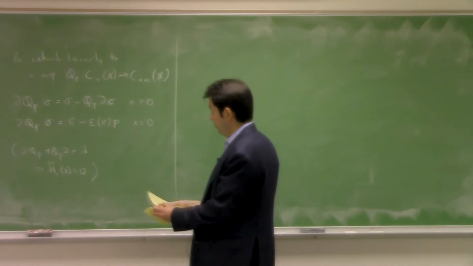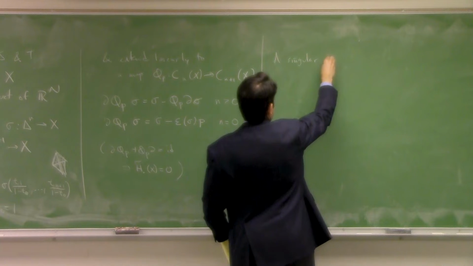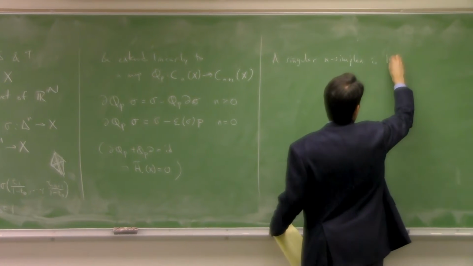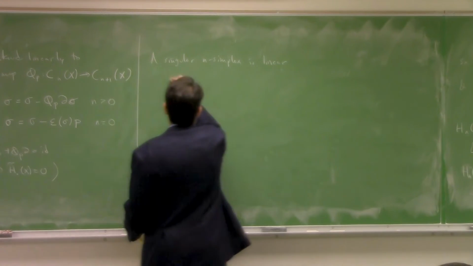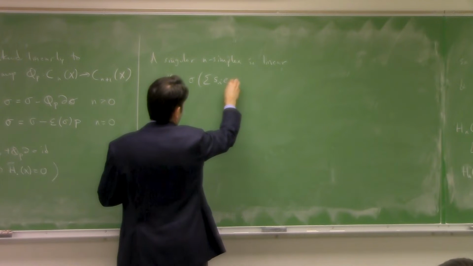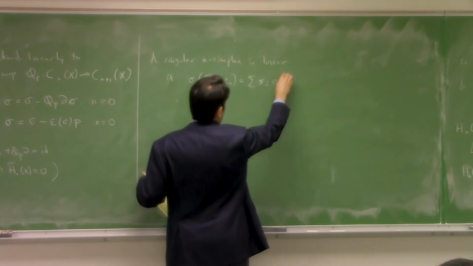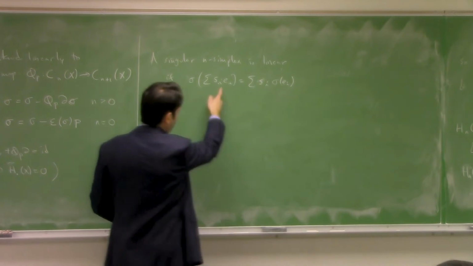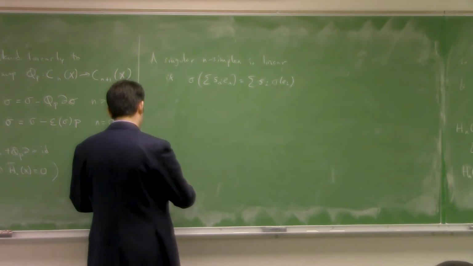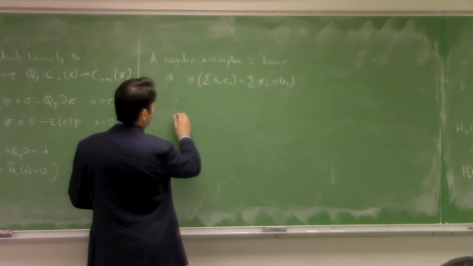So we'll say that a singular n-simplex sigma is linear if sigma of the sum of s_i e_i is equal to the sum of s_i sigma of e_i, where e_i are the basis vectors of R^n. Just to emphasize that we mean linear in the usual way.